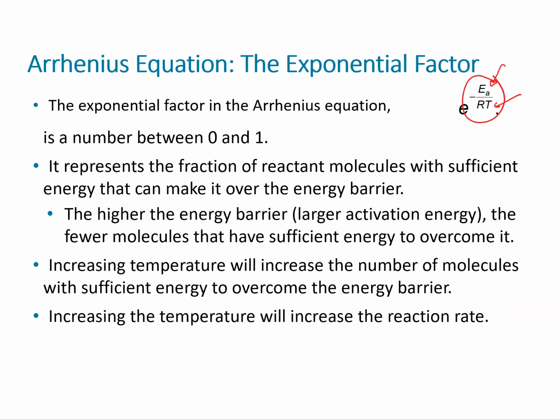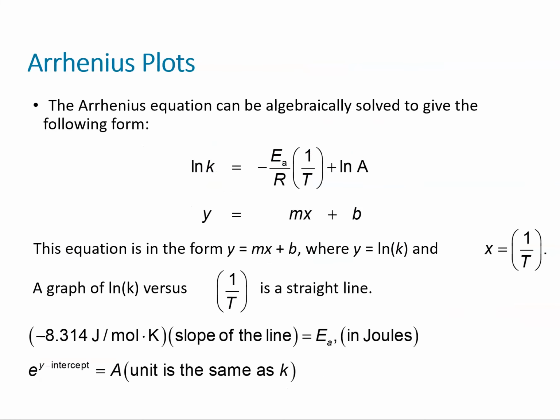Because we like to be able to model things and do things experimentally. So you can algebraically solve the Arrhenius plot to give you a straight line formula. This is definitely going to be a trend you're going to see throughout the semester, as we like to be able to make nice linear plots that give us the ability to predict things and identify things.